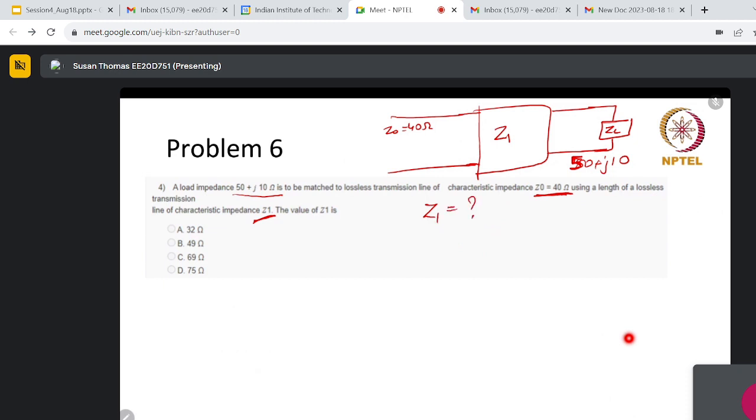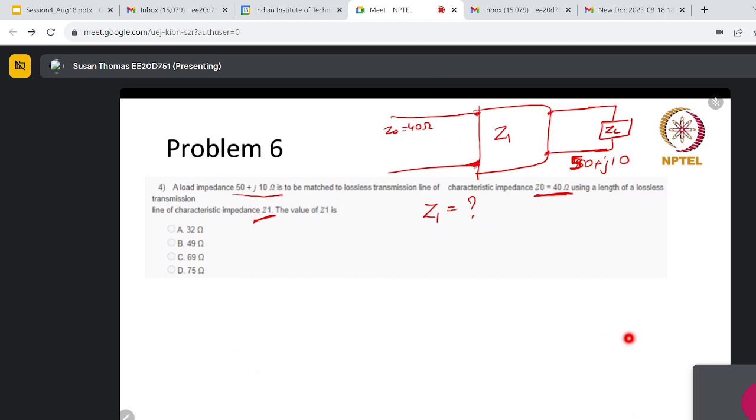Any idea how do we find this? You can give your suggestion. All of us know the purpose of Z1. Z1 is trying to match, at this place to ZL and here to Z0.